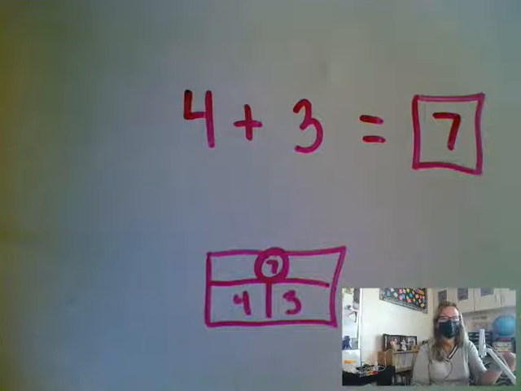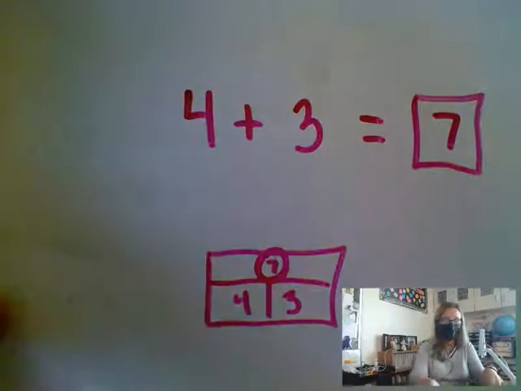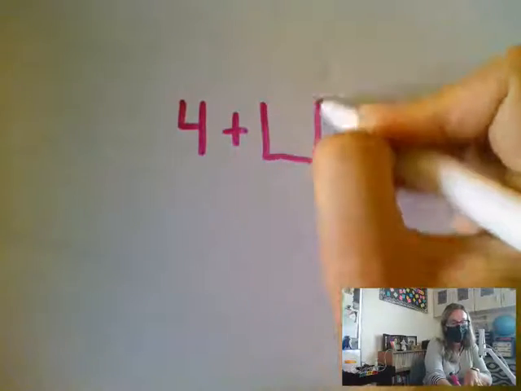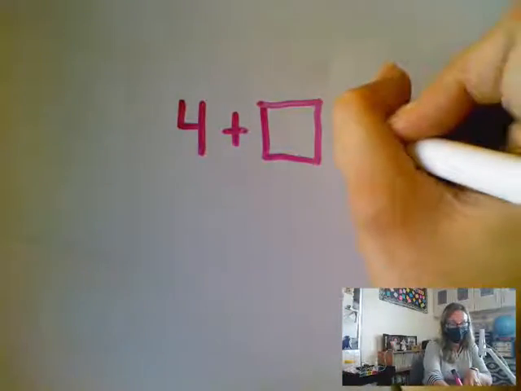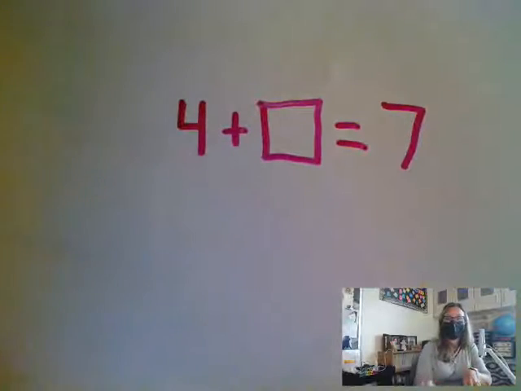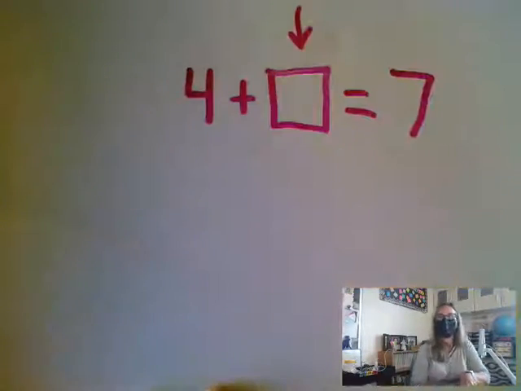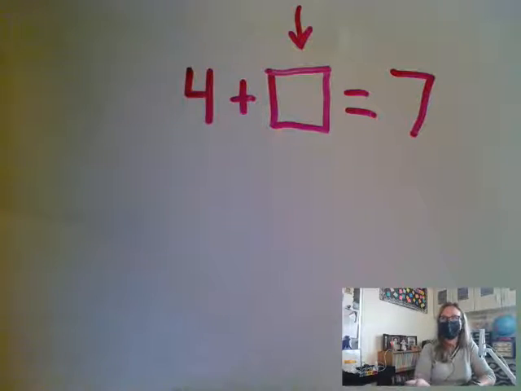Today, we're going to see what would happen if instead of giving us both of the parts, they gave us one of the parts and they gave us the sum or the whole, and we had to solve for that missing part or that missing addend.